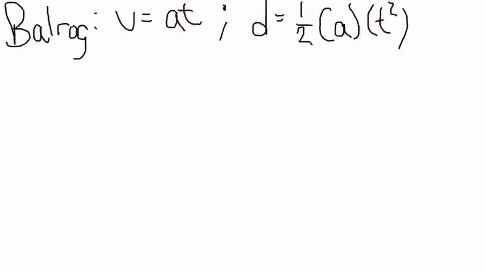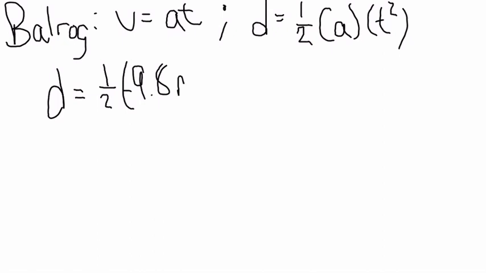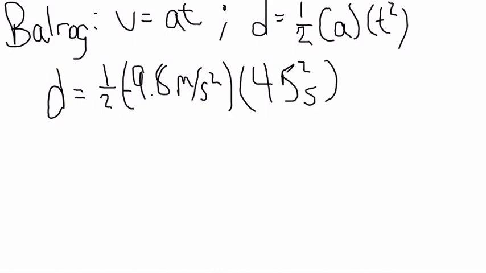Well, finally, for the Balrog, we know that it started falling a good 30 seconds before Gandalf. So if we use the same equation, distance equals 1/2 times the acceleration, which is negative 9.8 meters per second squared, times what would be 45 seconds, since Gandalf, we said, started falling at 15, 45 seconds squared, then we would get a value of 9,922.5 meters.